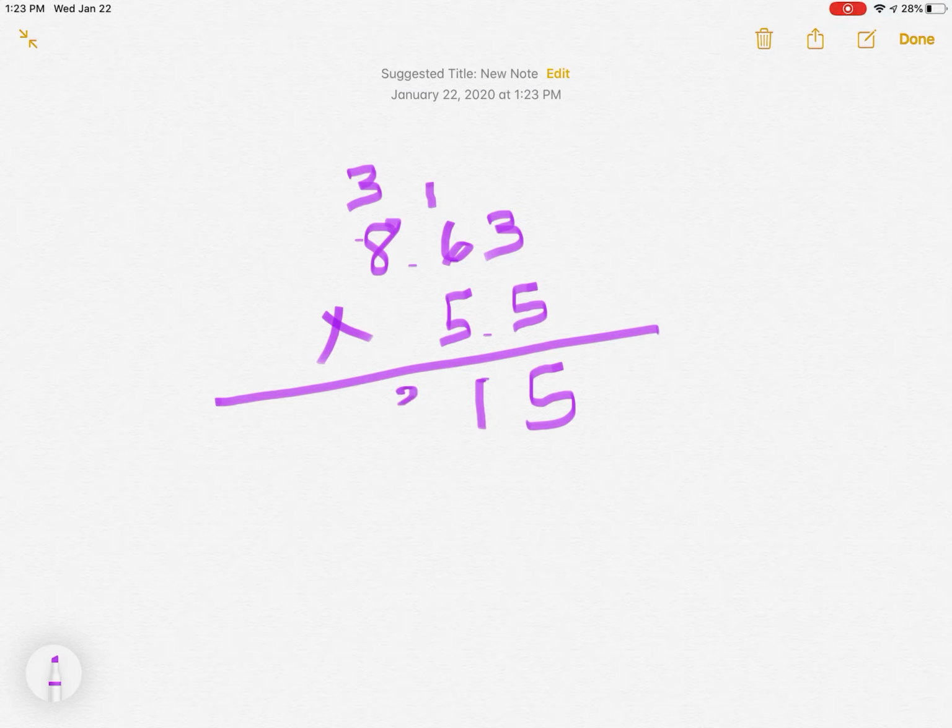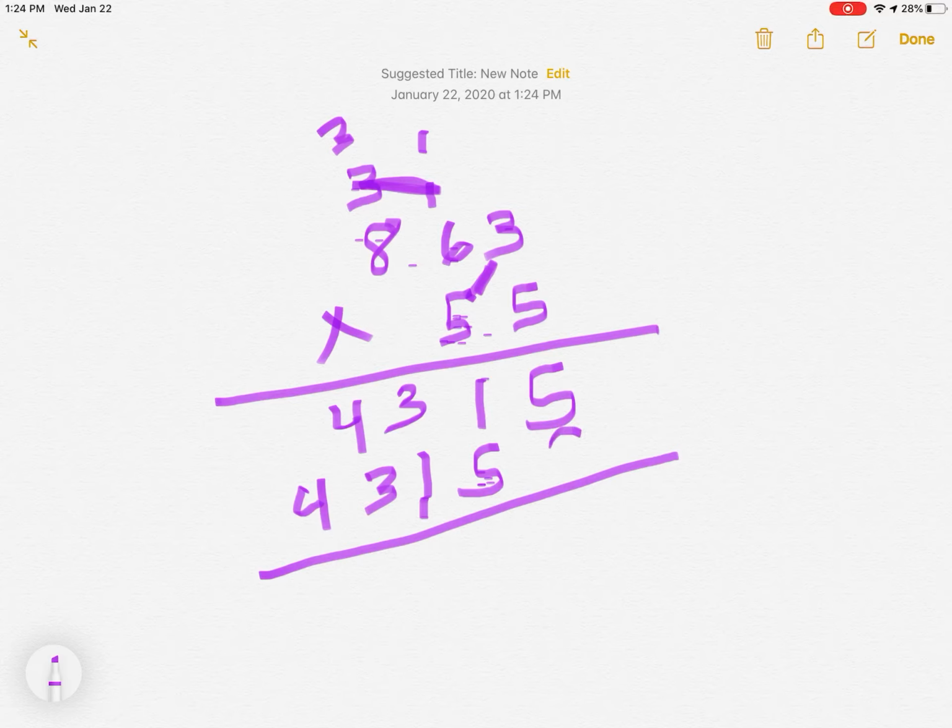Plus 3 is 43. Keep going. I'm going to do 5 over here now. 5 times 3 is 15. Starting in this place now because I started over there. 15. I'm going to cross these out and put them up here so I remember what I'm doing. 5 times 6 is 30. So 30 plus 1. Put my 3 over there. 40, 43.